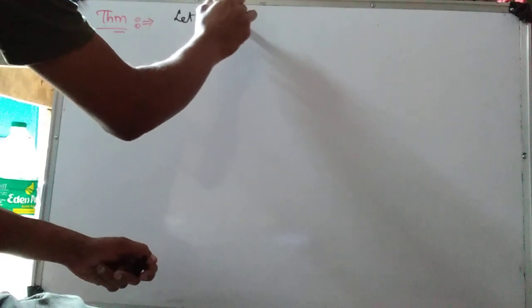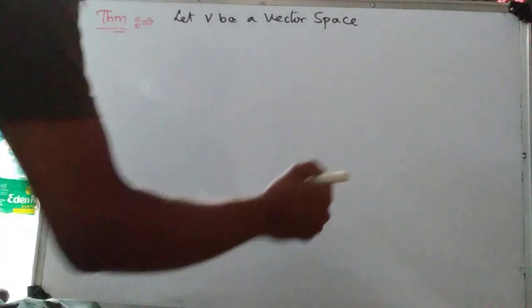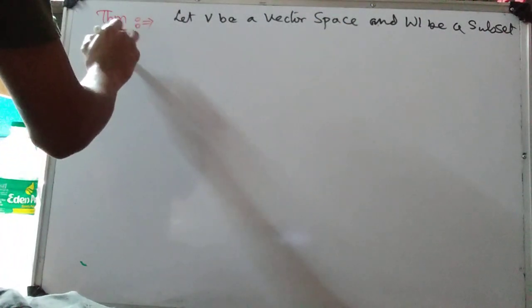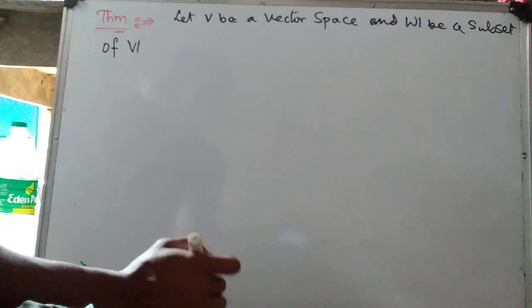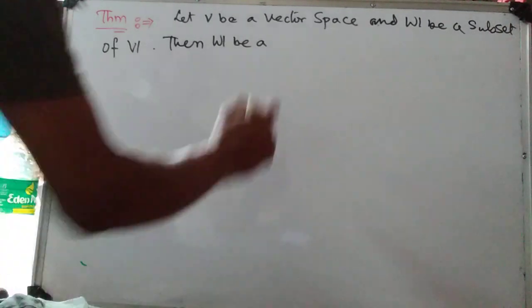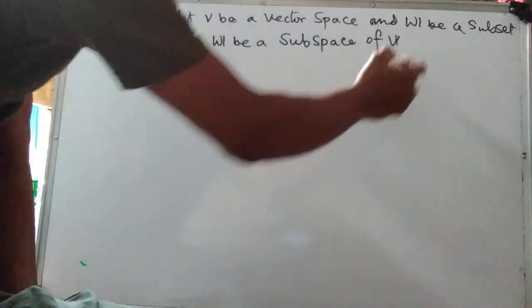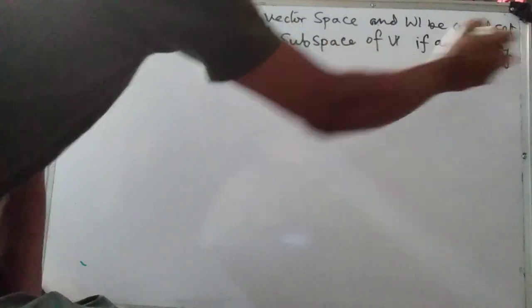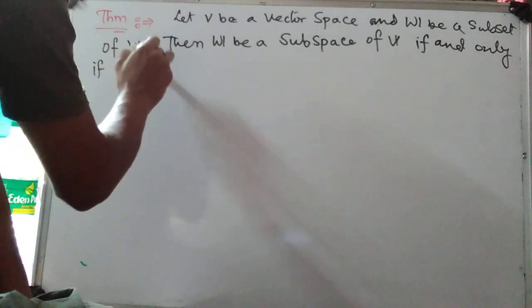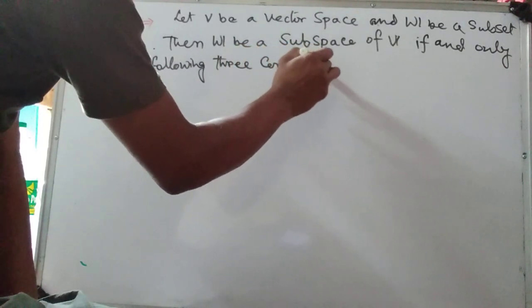Let V be a vector space and W be a subset of V. Then W is a subspace of V if and only if the following three conditions hold.